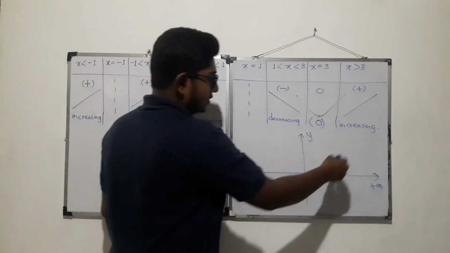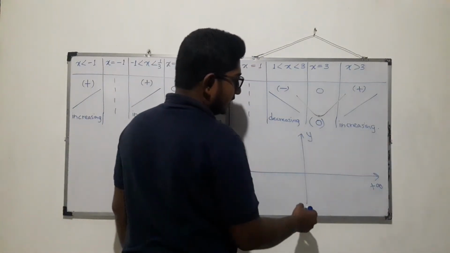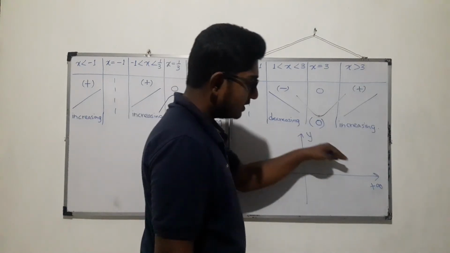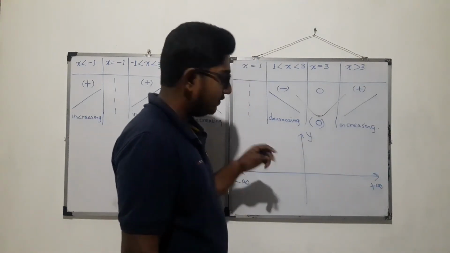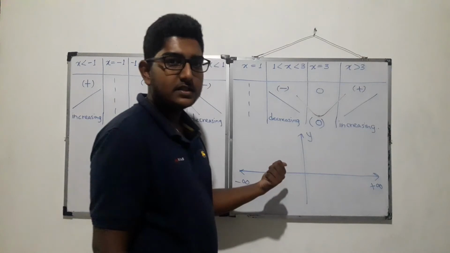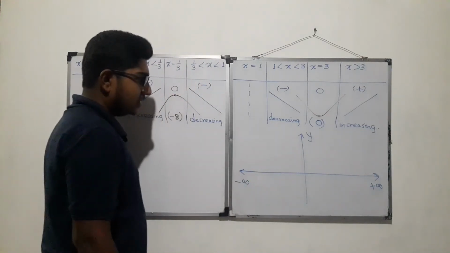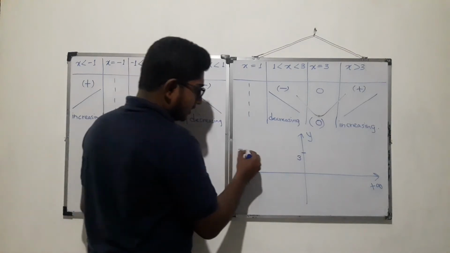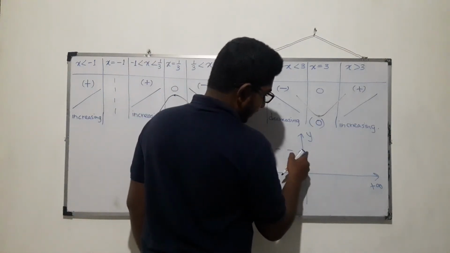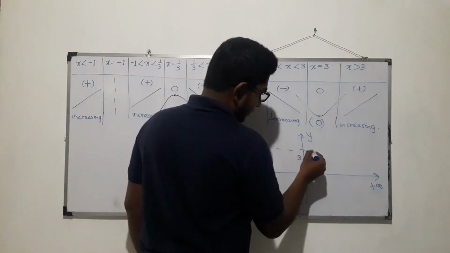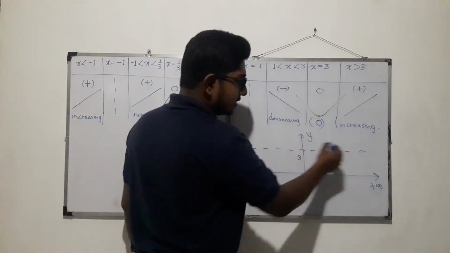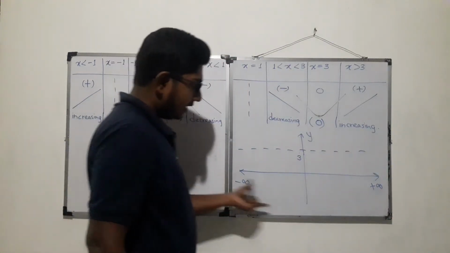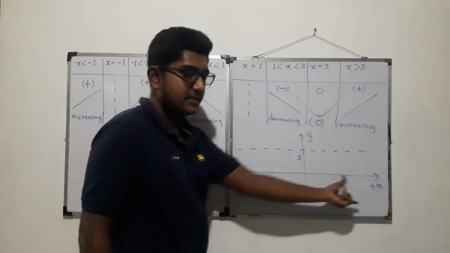When the function is moving to an end, it will reach 0 if the horizontal asymptote of the function is 0. If it is 3, that means the function is reaching y equals 3 at these two ends.